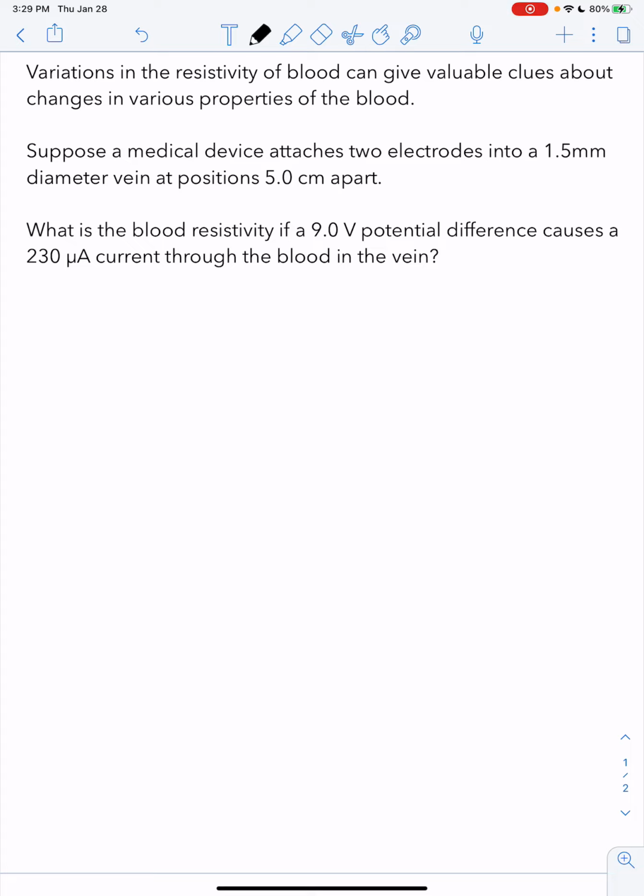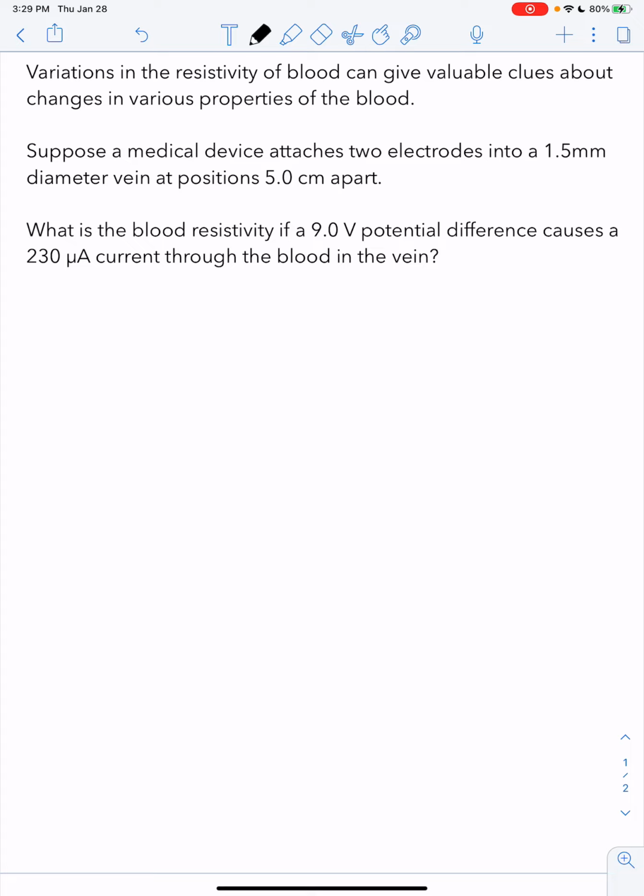Okay, so it asks what is the blood resistivity if a 9-volt potential difference causes a 230 microamp current through the blood in the vein.